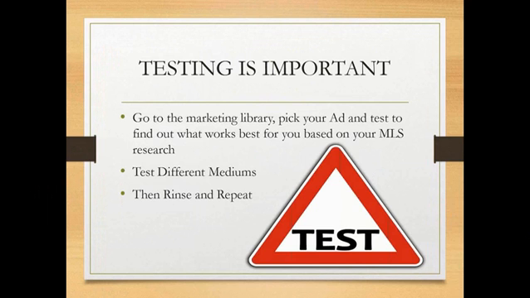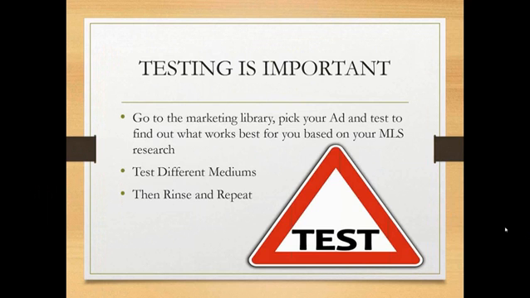You're going to test the different ads, the different campaigns. You're going to determine which ads and which methods of delivering those ads to your intended market work the best, and it's basically rinse and repeat. So I want you to give this some careful consideration.